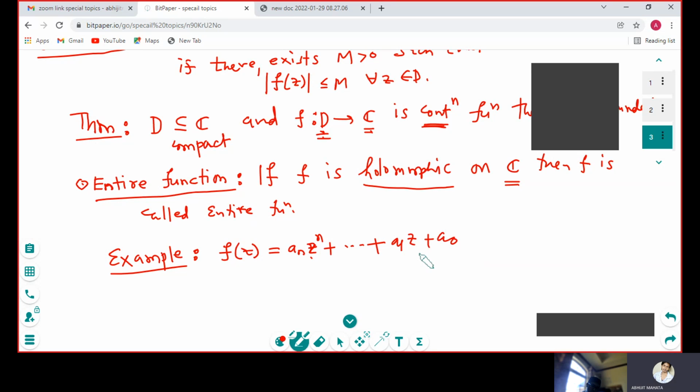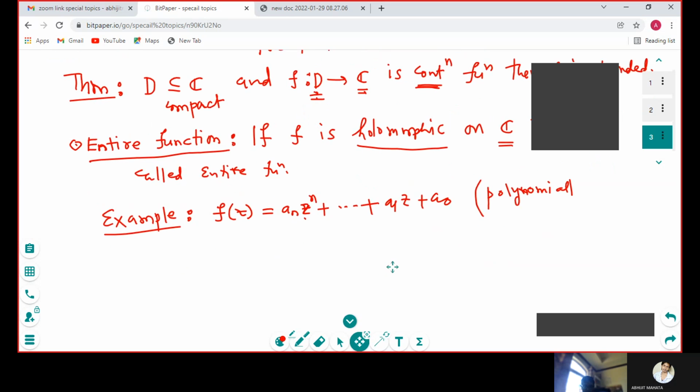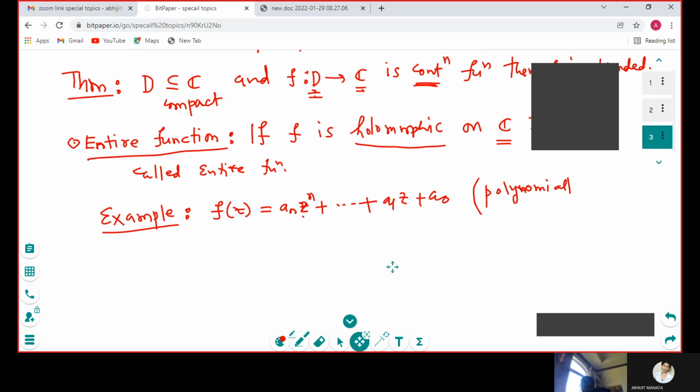Now you can calculate the derivative of the polynomial. This complex polynomial is differentiable at every point, so it's an entire function.